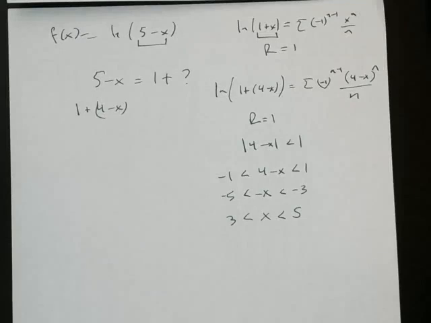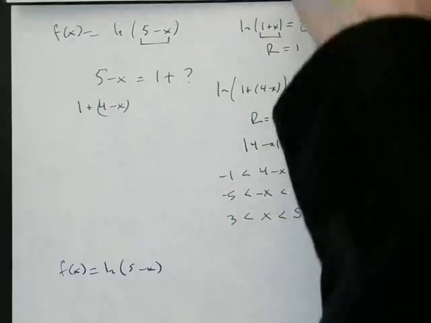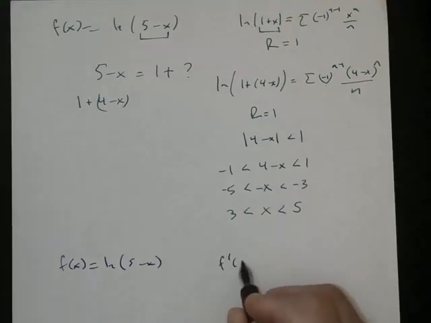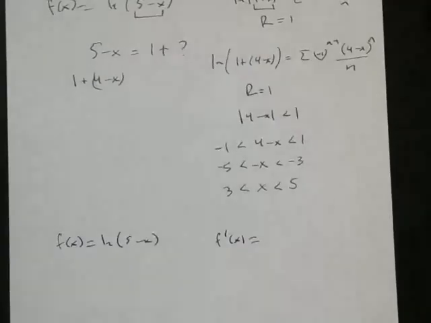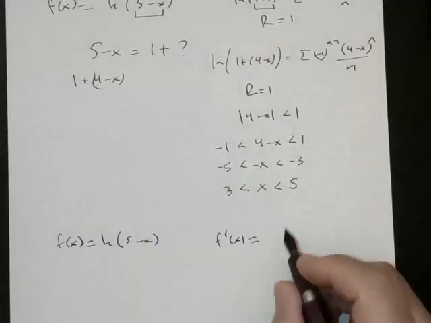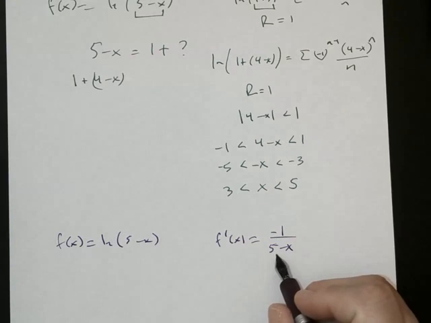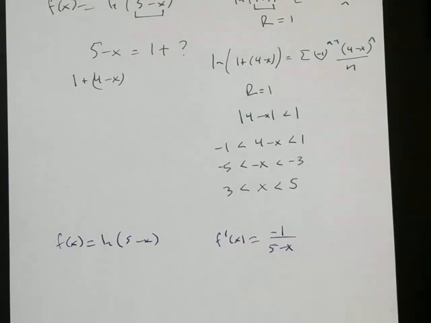ln of 5 minus x. Since this is just in the section on general power series, let's take the derivative. What's f prime? It would be 1 over 5 minus x times negative 1. Okay. I'll play the same game we were playing in the partial fractions.